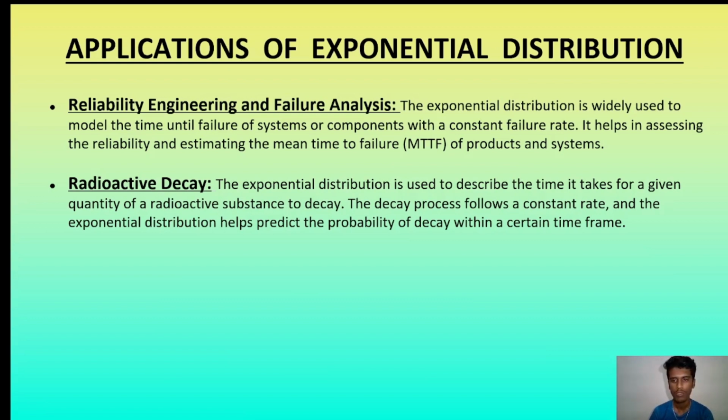The decay process follows a constant rate, and the exponential distribution helps predict the probability of decay within a certain time frame. It gives the time when the radioactive substance will decay completely.